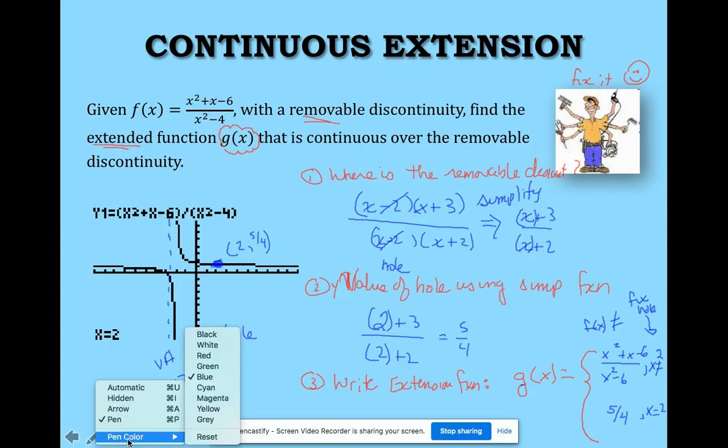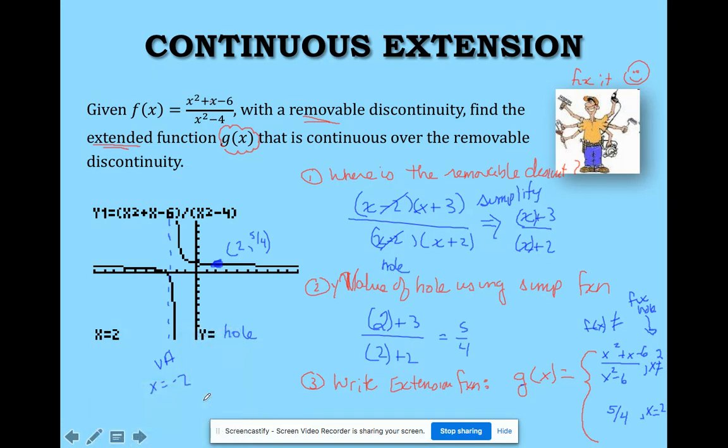So again, your extension template looks like this. You call it something different than the original. Extended.